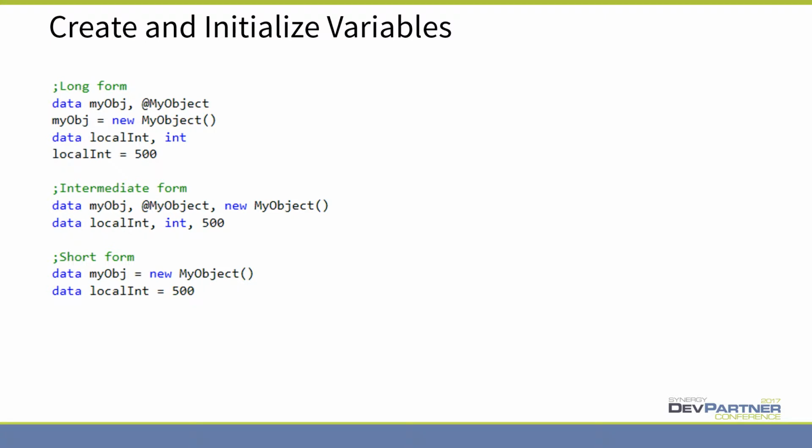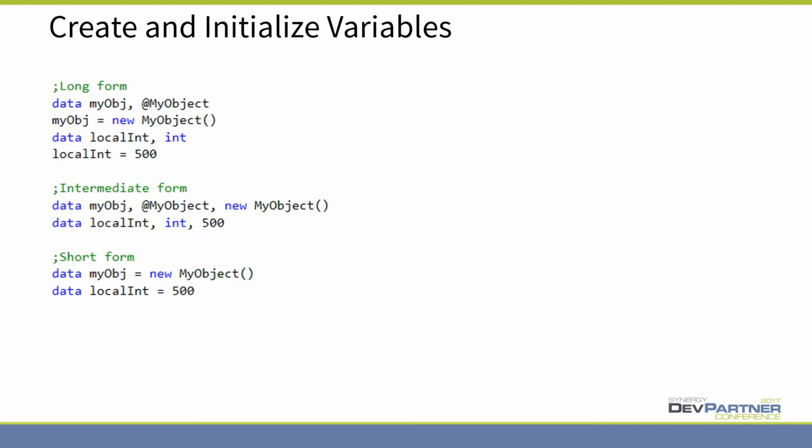So the first code compacting technique is the creation and initialization of variables. And what I've done there is shown you 3 different forms of exactly the same code. The long form, what you're doing is you're defining a myObj, which is a myObject class, and then the next line below that, the myObj equals new object, actually instantiates that object.